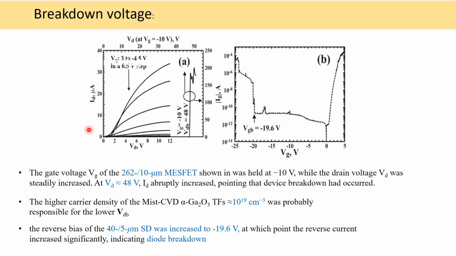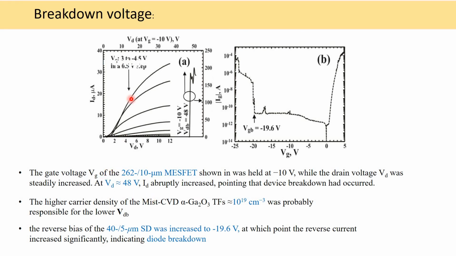Here we find the VI characteristics, meaning breakdown characteristics, for both the 260 by 10 micrometer and 40 by 5 micrometer devices. In the first case, the 260 by 10 micrometer MOSFET, when the gate voltage is minus 10 volts, the drain voltage steadily increases, and when it reaches 48 volts, the drain current suddenly increases and breakdown occurs, at a carrier concentration of 10 to the power 19.